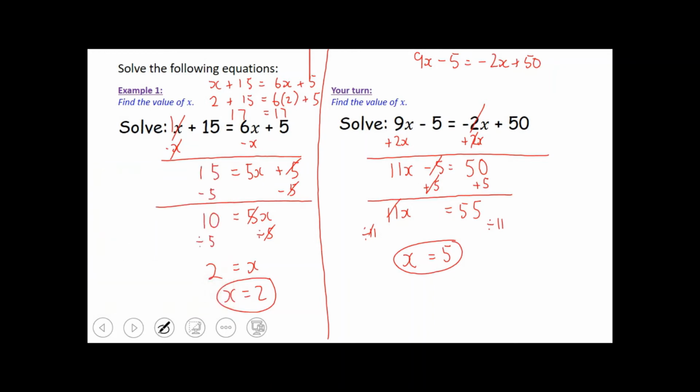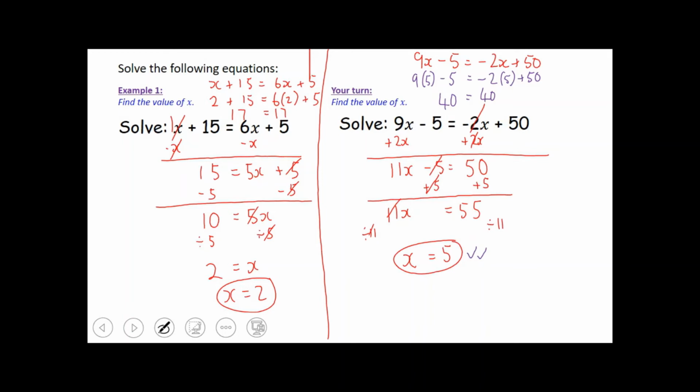So replace the x with the 5, so this time it's going to be 9 times 5, minus 5 equals, don't forget it's a minus 2, and replace the x with the 5, and then you've got positive 50. So 9 times 5 is 45, take away 5 is 40, and this time minus 2 times 5 is minus 10 plus 50, that also equals 40. So I know this answer is correct. That's the way you can substitute it back into the equation.